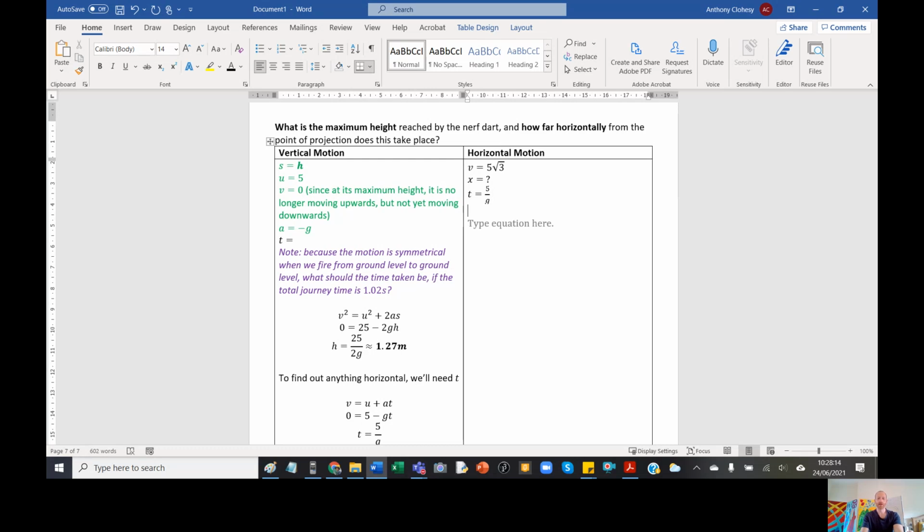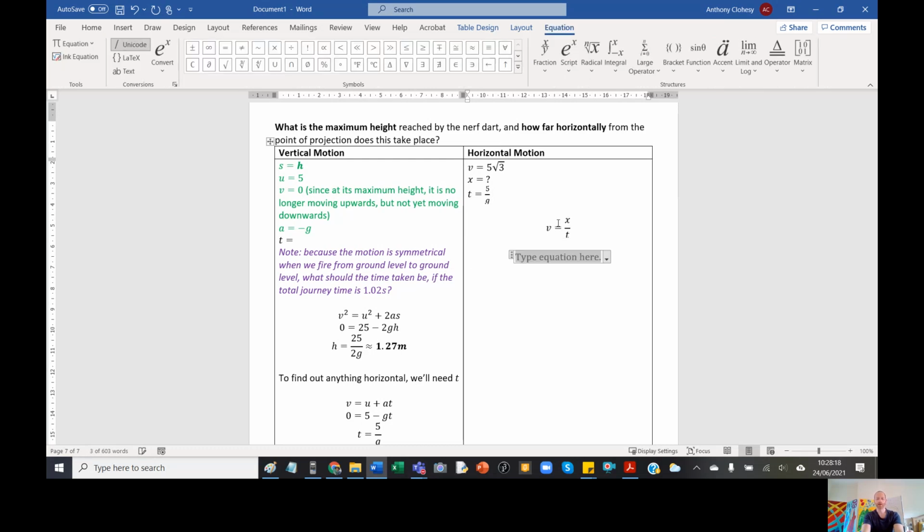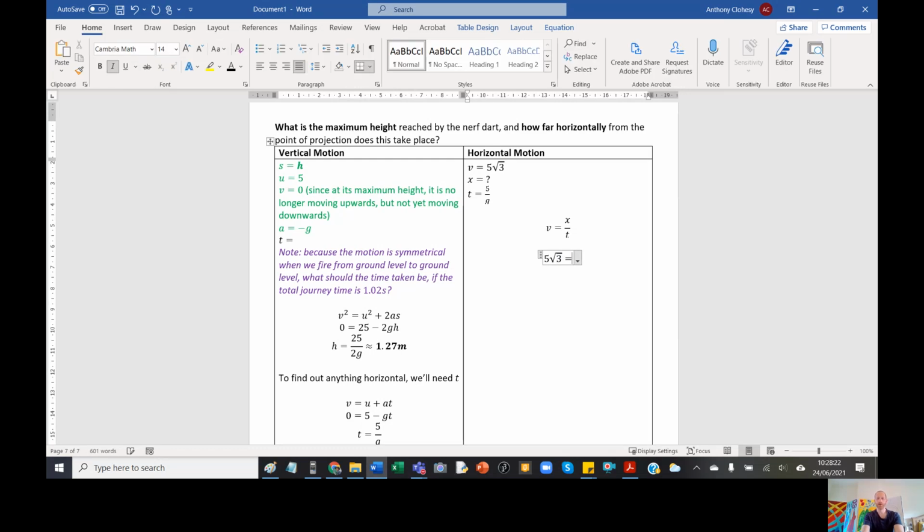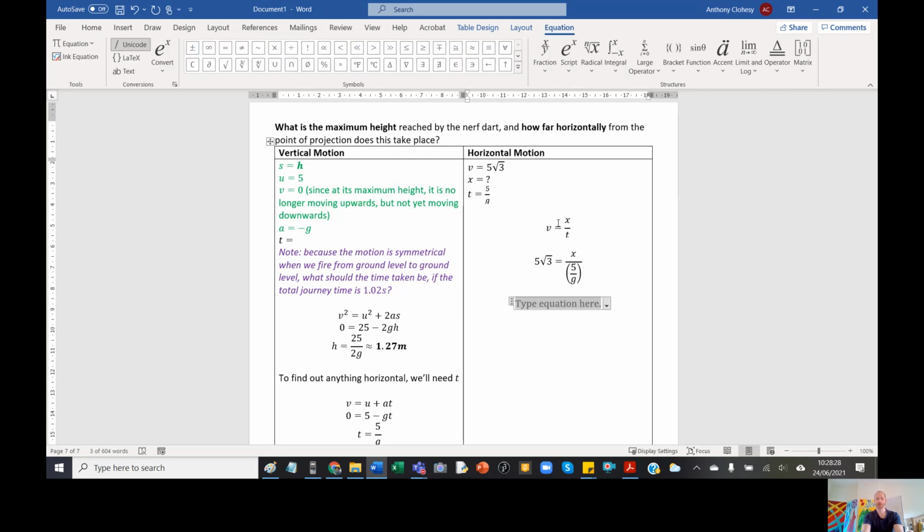So I'm going to substitute that into speed equals distance over time, and that's going to give me 5√3 divided by 5 over g. When I multiply both sides, I get 25√3 over g. You'll recognize that as well.